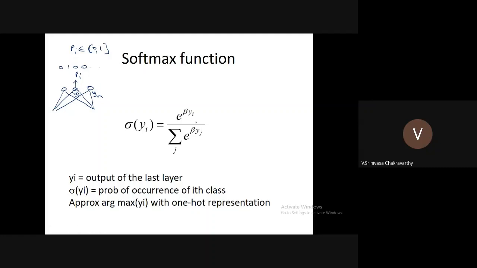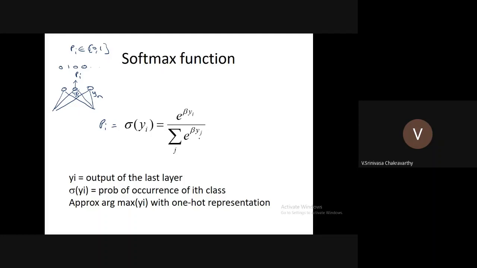So how do you make sure that the output comes into this range? This is done by this formula. Take the total input into each of the output neurons, call that yi, and then compute e to the power of beta yi for the ith output. Call this pi, and divide by the sum over the same expression calculated for all the outputs.